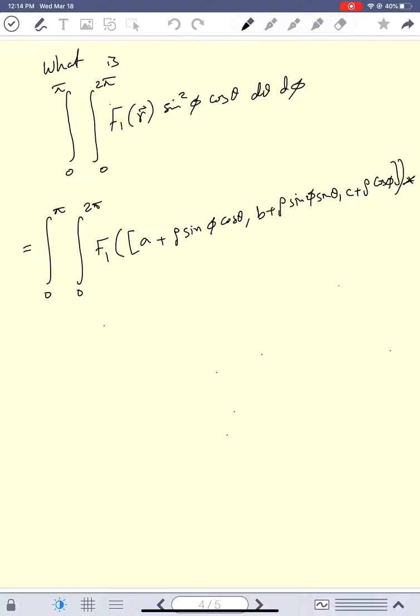This is multiplied with sine square phi cosine theta d theta d phi. Okay? Now, can we simplify this in any way? This is the integral from 0 to pi, the integral from 0 to 2 pi of what? At this stage, I think we need to remember some stuff, maybe from calculus 3.